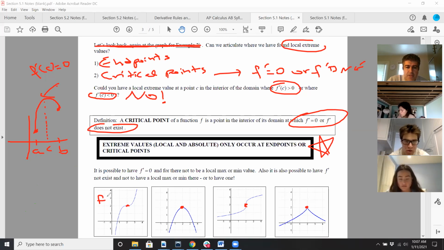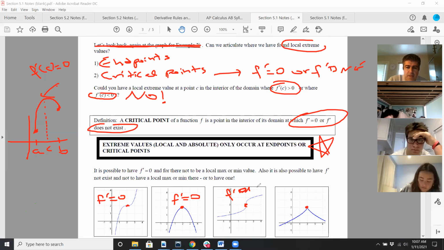Here, f prime is going to equal 0. Here, f prime is also going to equal 0. Here, f prime won't exist. Does not exist. And here f prime does not exist.